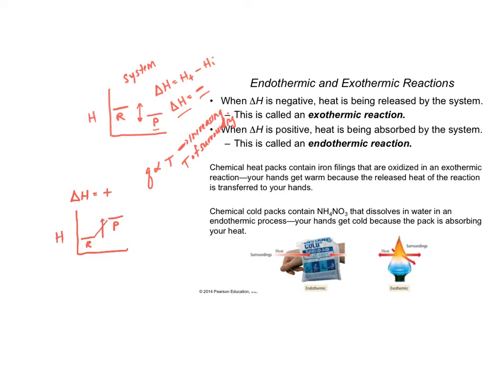How did these reactants get to these products? What did they need to take in? Heat, right? And so if the reaction is taking in heat, where is it coming from? The surroundings, right? What's happening to the temperature of the surroundings? They're getting colder, okay? So for endothermic reactions, heat is being absorbed by the reaction, by our system, and the temperature of the surroundings is getting colder.